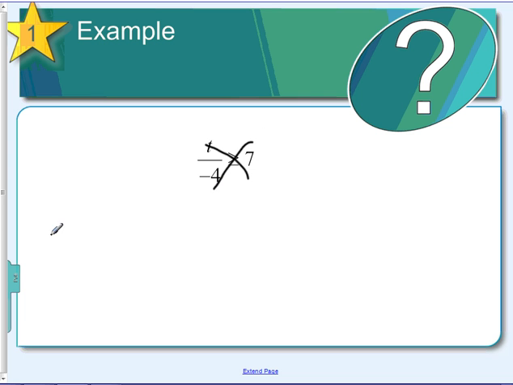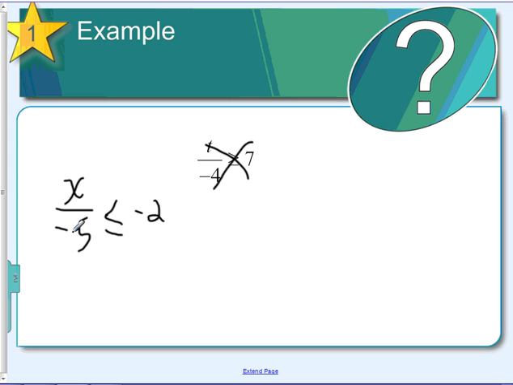But let's say we have x divided by negative 5 is less than or equal to negative 2. Same thing with multiplying as dividing.